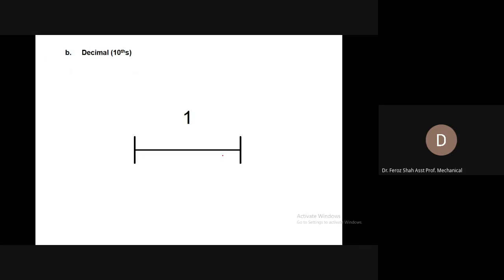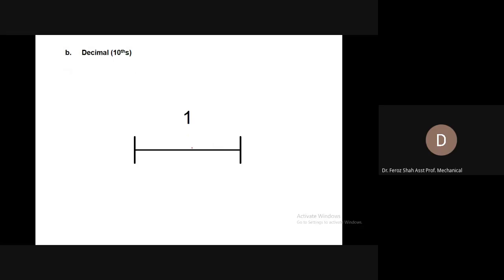You can similarly divide a decimal. For example, in the decimal system, you will be dealing with fractions of 10, 1 by 10, 2 by 10.